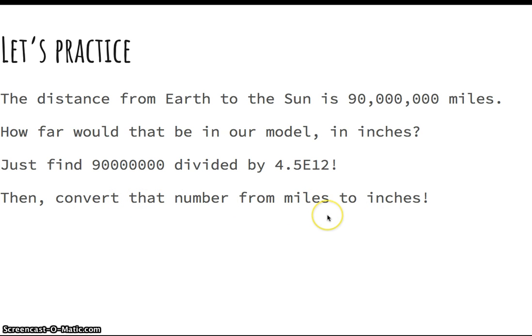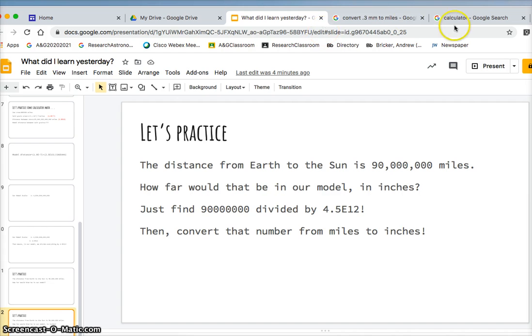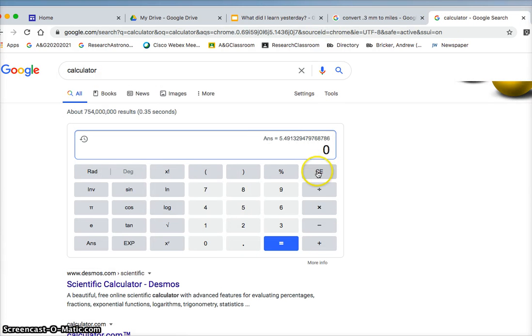So let's just go do that. Go back to the calculator, hit clear, and we're going to do 90 and 6 zeros divided by, parentheses, 4.5 exponent 12, and we get this tiny number. It's going to be 0.00002 miles. Now that number doesn't make much sense, so I said convert that to inches.